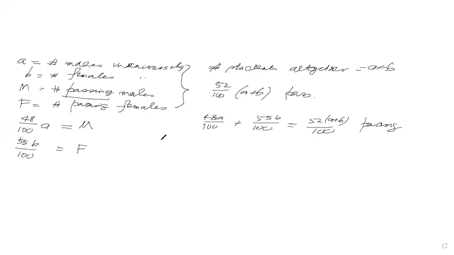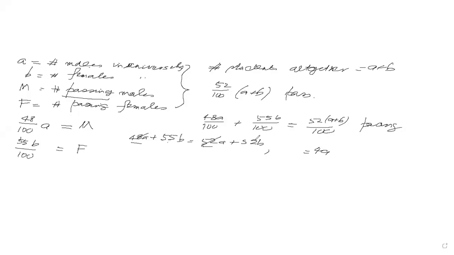So if you multiply right throughout by 100, you'll get 48A plus 55B equals 52A. Let me expand the top there. It's 52A plus 52B. Okay, so we can bring all the A's to one side. I've got 52A here, 48A here. So let me bring the 4A to this side.